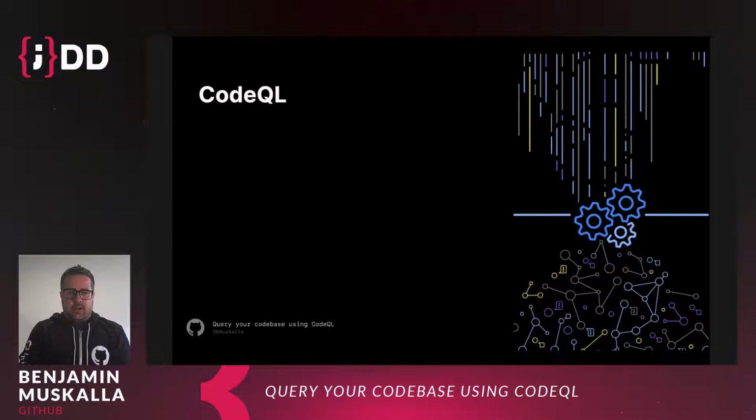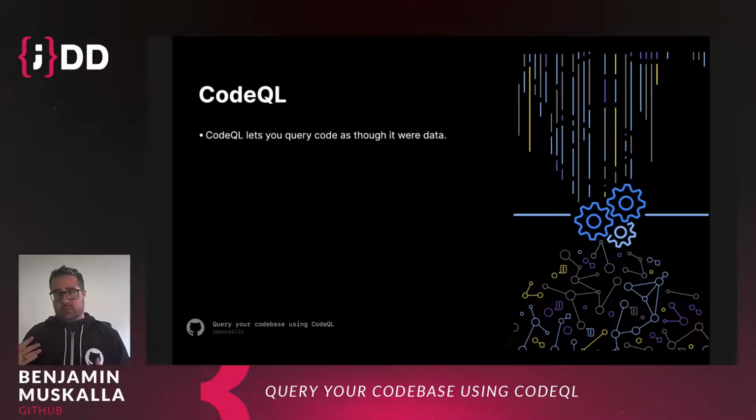So let's talk about CodeQL specifically. What is it? What does it do? And how can we make use of that? The first way to think about it is that CodeQL lets you query your code as though it were data. Think of it as something that lets you query whatever you're looking for in your code base.